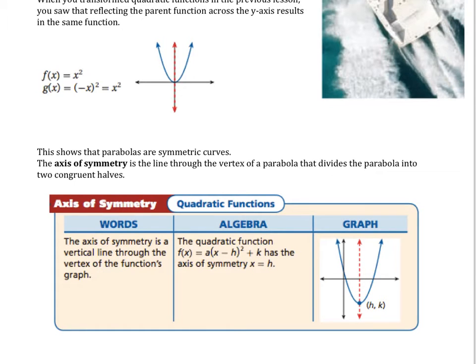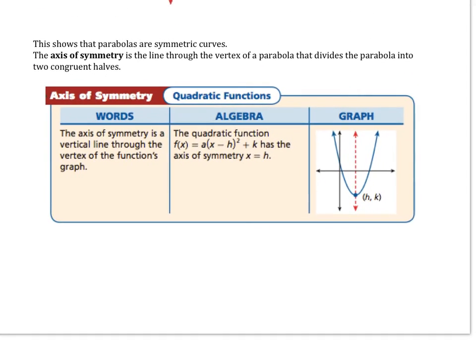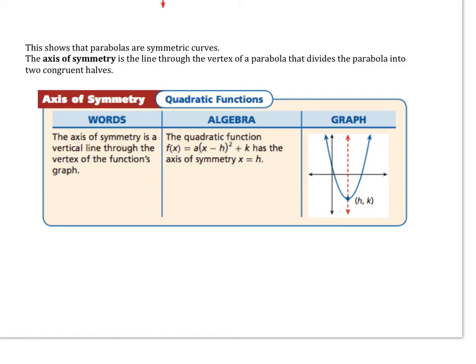The axis of symmetry is that line that divides the parabola into those two congruent halves. It is going to go through the vertex of the parabola.